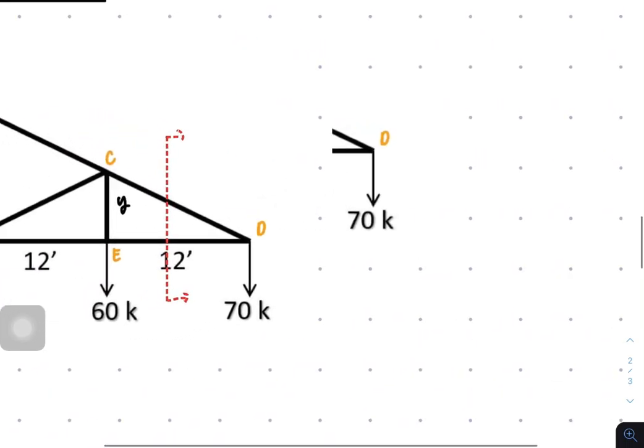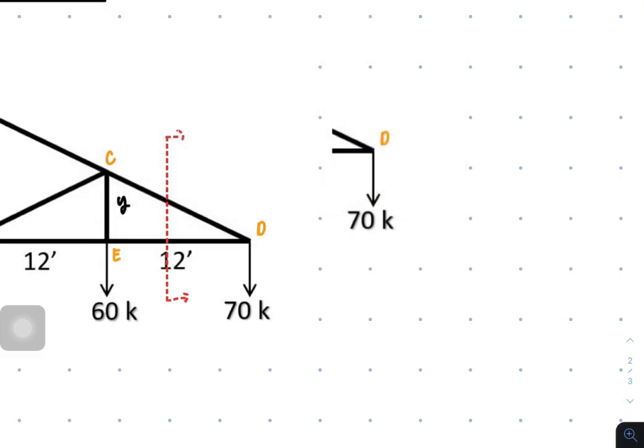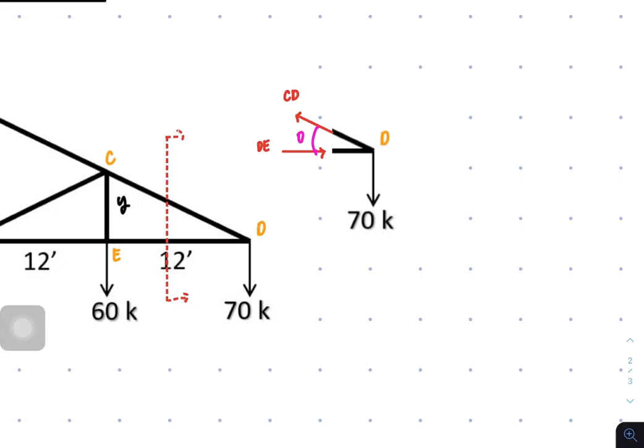So I'll call this one section CD, and for CD, I'd like to have it in tension, and for DE as compression. And again, the angle here is theta.